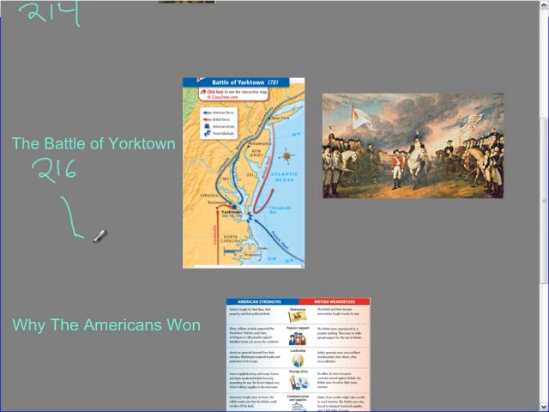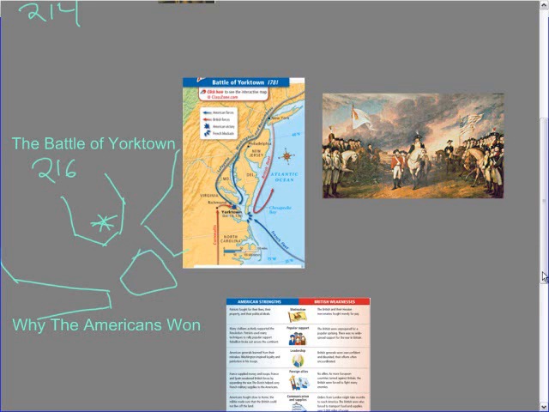because what he does, and I've drawn this picture a lot, is that Yorktown's like right here on this peninsula. But then also what you have is you have around it, you kind of have like a harbor. So really the only way in or out is like right here.